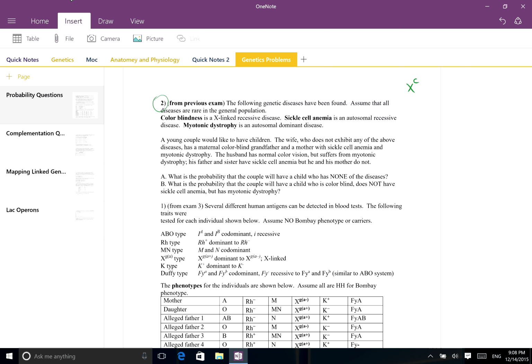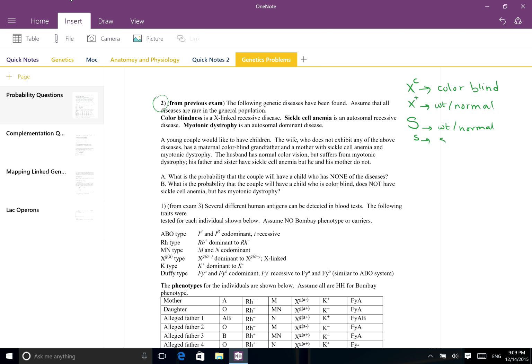So these are the conventions I'm going to use. This is for colorblind. And if you guys know already, most of you do, I'm bad at spelling. And this is for wild type or normal, as in not colorblind. And for sickle cell, capital S, small s, the capital S would be wild type or normal.